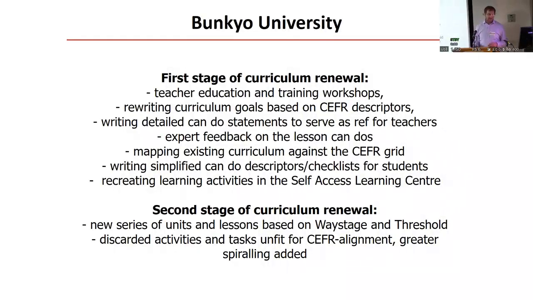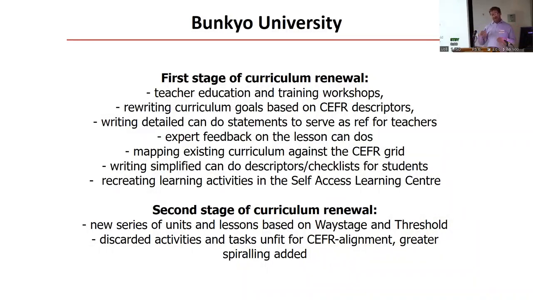is a lot easier. And then they went on to map existing curricula, rewrote the can-do descriptors, then they created the learning activities anew. And then, as is typical in action research, when you finish one cycle, you think, great, we've done it. And then about a week later, I said, do you know what, we could do a lot more.